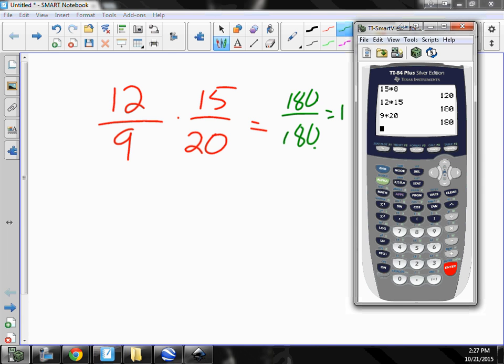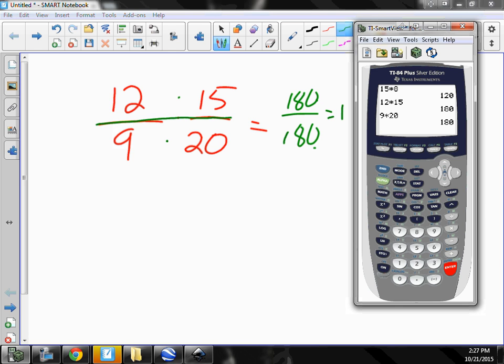Now, before you perform all that multiplication, you can actually factor and cancel as you go. So I can draw a line straight across and turn this into a multiplication that looks like that. 12 over 9 multiplied by 15 over 20 is the same thing as 12 times 15 divided by 9 times 20.